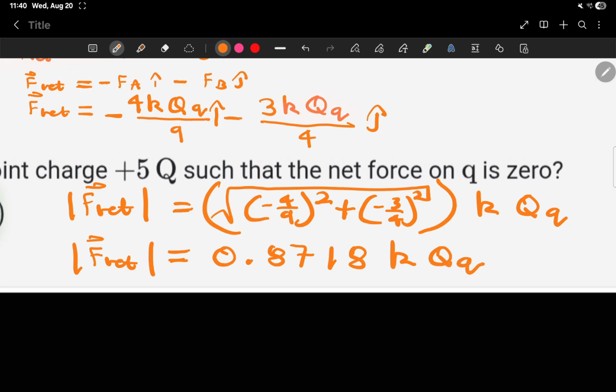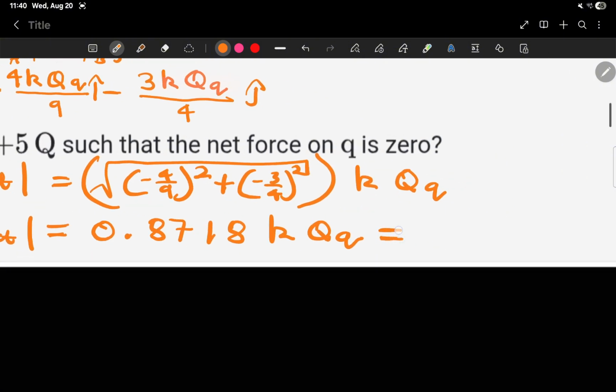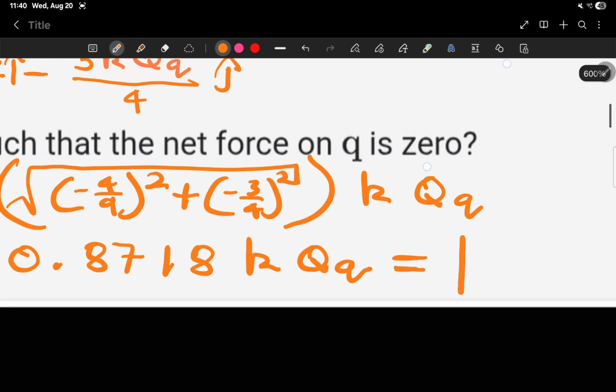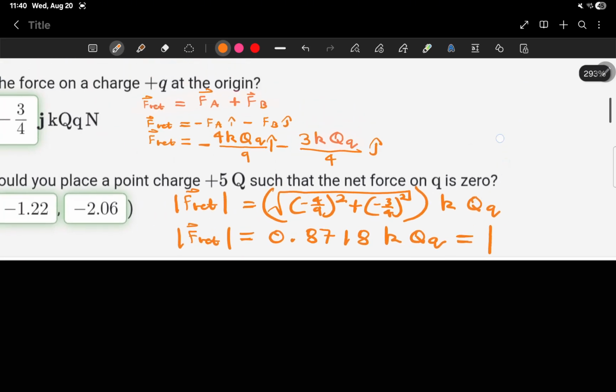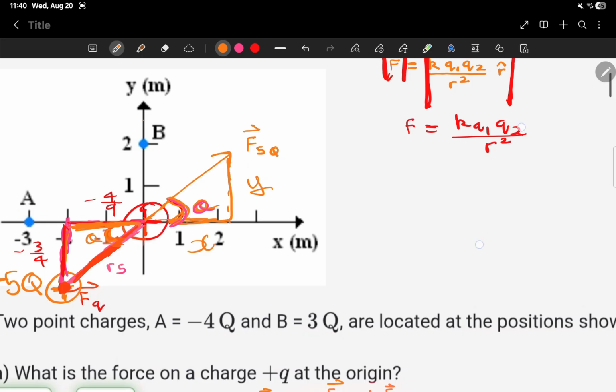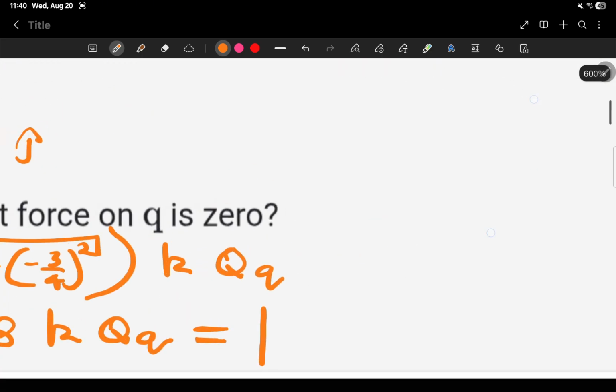So that's great. That's the magnitude of the net force from part A. And we want that to be equal to the magnitude of the net force. No, sorry. We want it to be equal to the magnitude of the force of the positive 5Q charge on the charge at the origin.